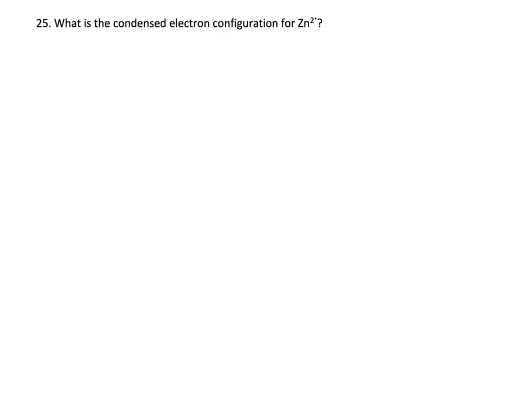Next question wants the condensed electron configuration for zinc 2+. Condensed just means that we use the noble gas notation, which we've been using all along. And we're doing this for zinc 2+. For zinc, which is element number 30, we do the same as before. We go back to the previous noble gas, which is argon, and then we list out the orbitals in the order they appear. We have 4s2, 3d10.